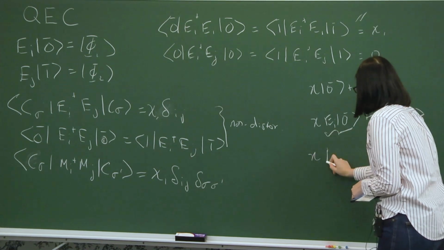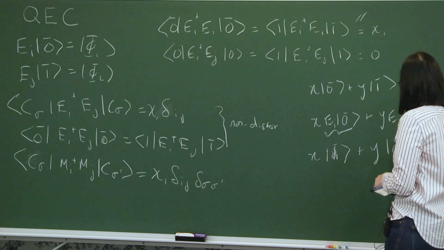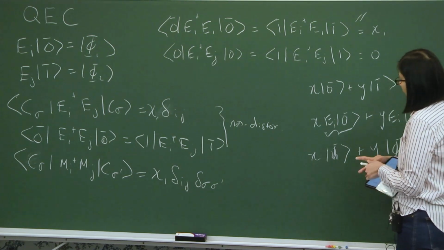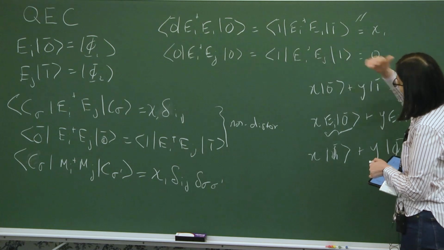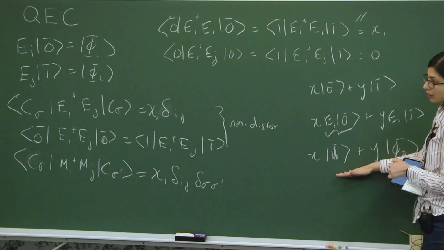Let's call these some psi1 and some psi2 over here. Then what you're basically saying is that, because of this condition, you went from this state to this state.